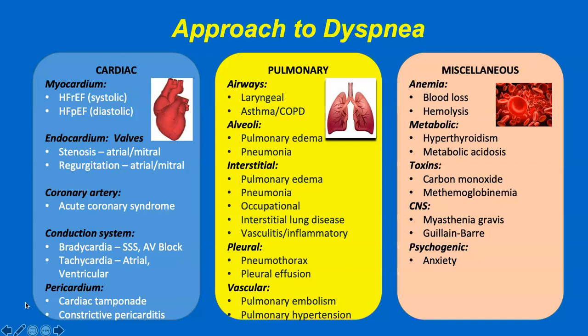And you're going to couple your history with the physical exam and the laboratory data. And based on that, you're going to then make a final diagnosis as to what you think is the most likely.